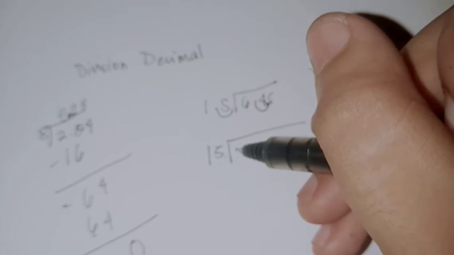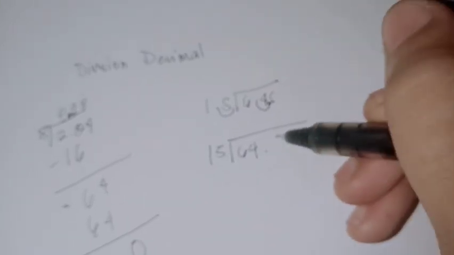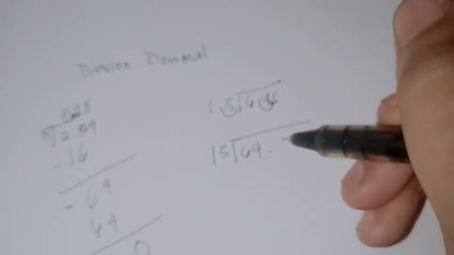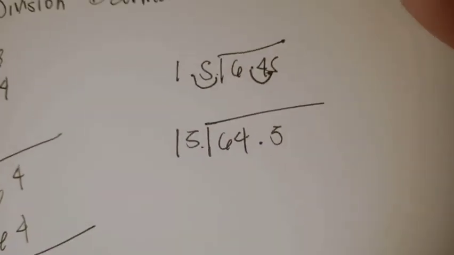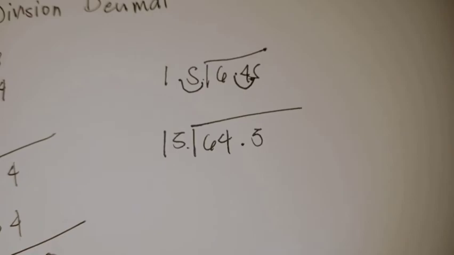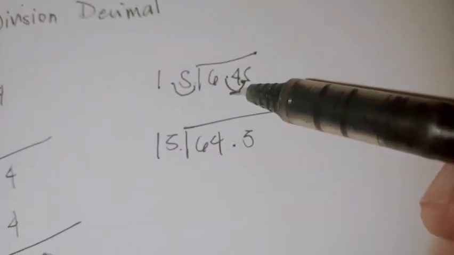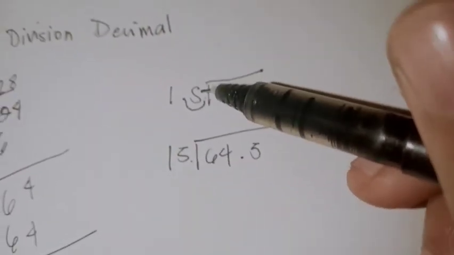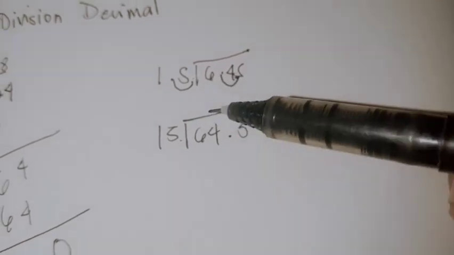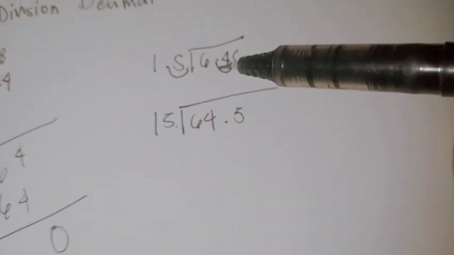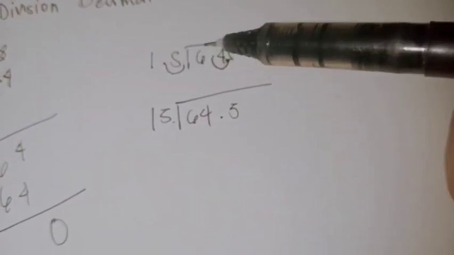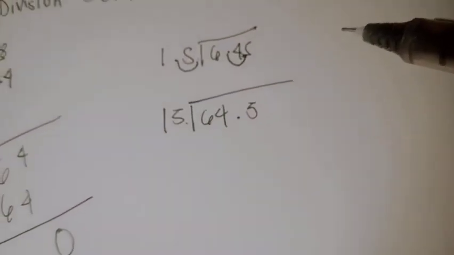So the decimal point is 64.5. The only difference here is that we move the decimal point to the right by the same amount in the dividend and in the divisor.